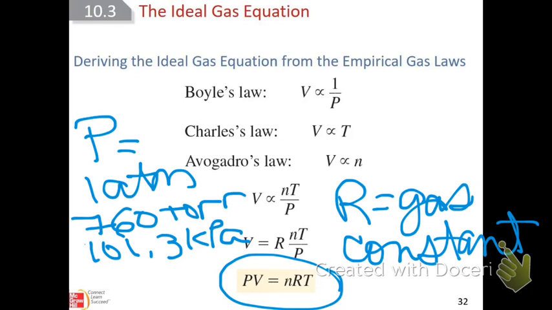So because we can have all these different units for pressure, and because the only purpose in the world that R right there, the only reason that it's in the equation, is because we have to be able to cancel our units to get our answer. If we can have three or more different units for P, we can have three or more different numbers for R. So there's two different ways that you can go about it.